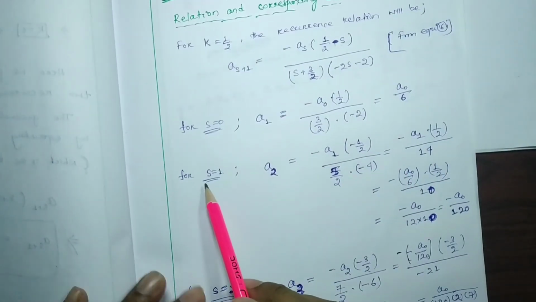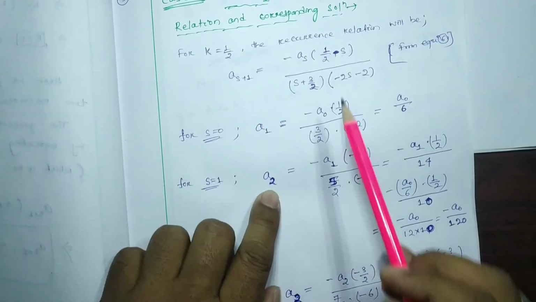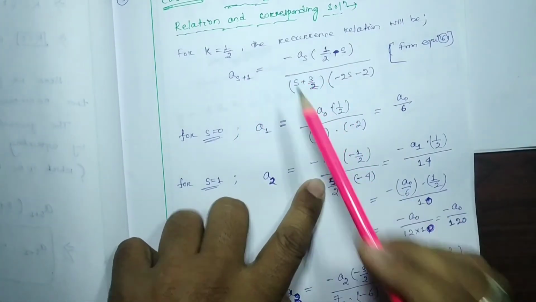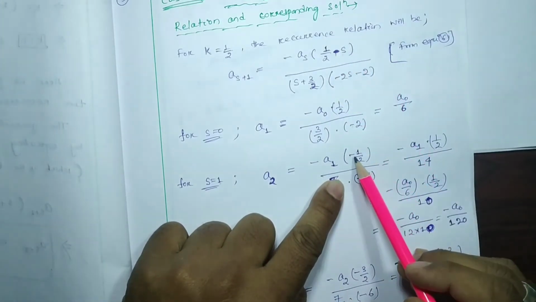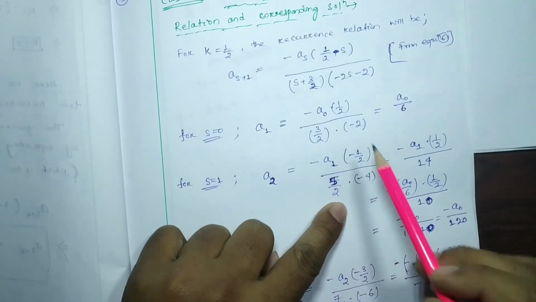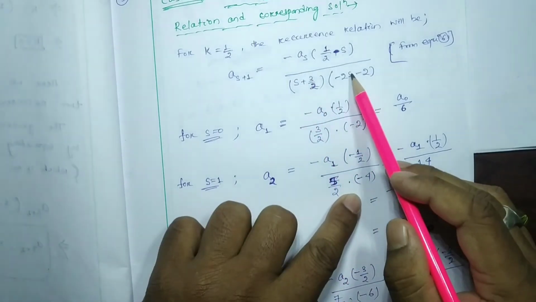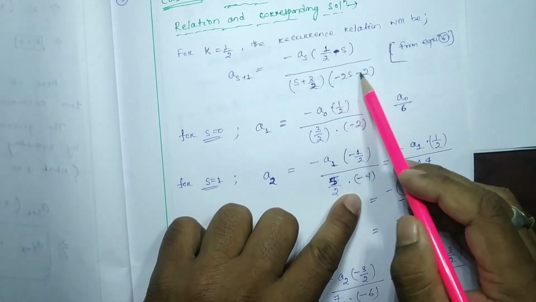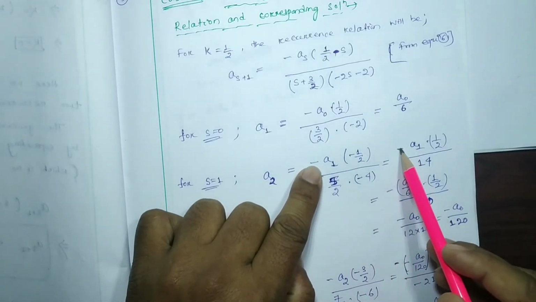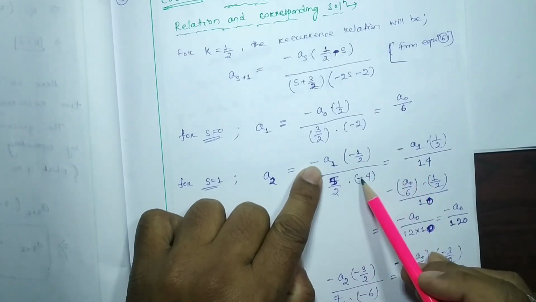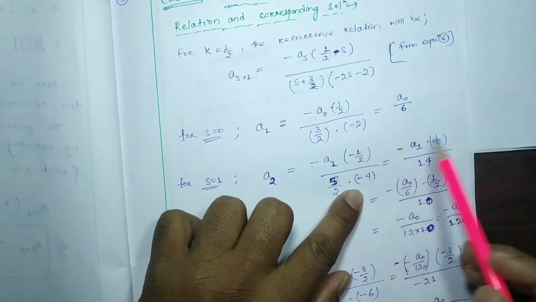Now we have to consider s equal to 1. S equal to 1 means 1 plus 1 equal to a2. Here a1 into 1 by 2 minus 1 means minus 1 by 2 we can find, whole divided by s, which will be 1. 1 plus 3 by 2 is nothing but 5 by 2, into s equal to 1 means minus 2 minus 2 minus 4. Here minus minus minus, so overall we get minus. So minus a1 into 1 by 2 is there.